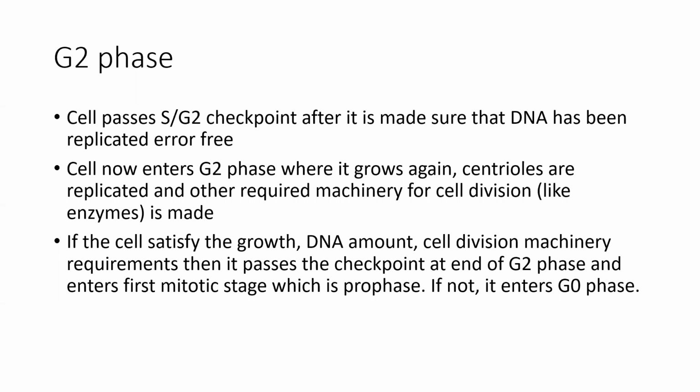At the end of this stage, there's a checkpoint, and the cell passes this checkpoint only if it satisfies all the requirements needed for cell division. If it does not satisfy any of those requirements, the cell unfortunately enters the G0 phase.